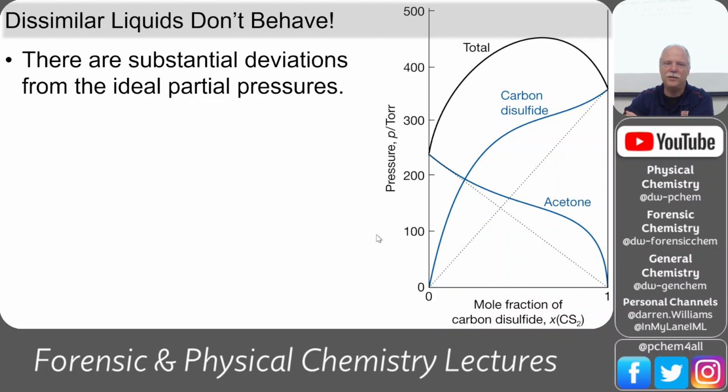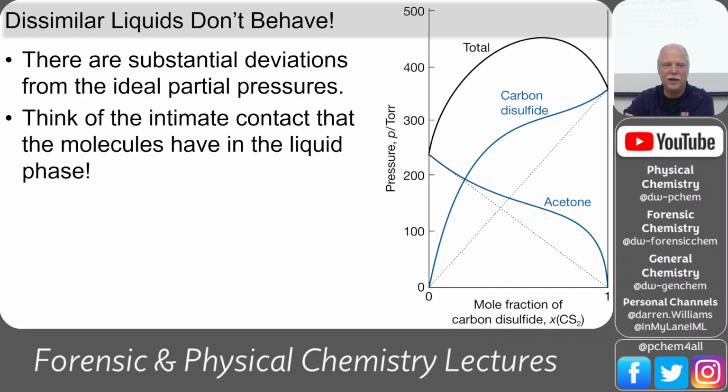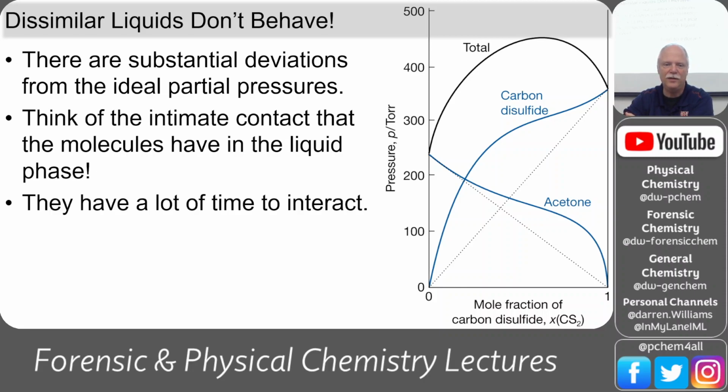So there are substantial deviations from the ideal partial pressures. Okay. So think of the intimate contact that the molecules have in the liquid phase. They have a lot of time to interact, and so those small interactions between the molecules have a huge effect on what happens above the liquid.